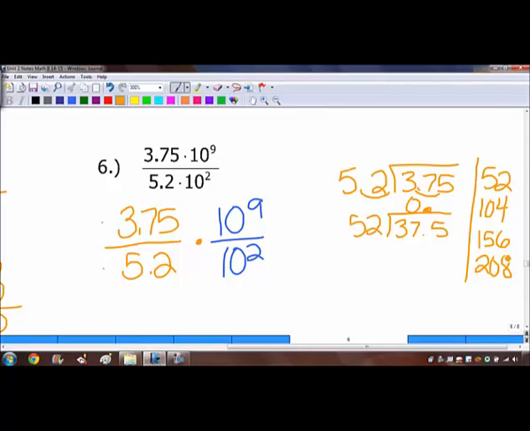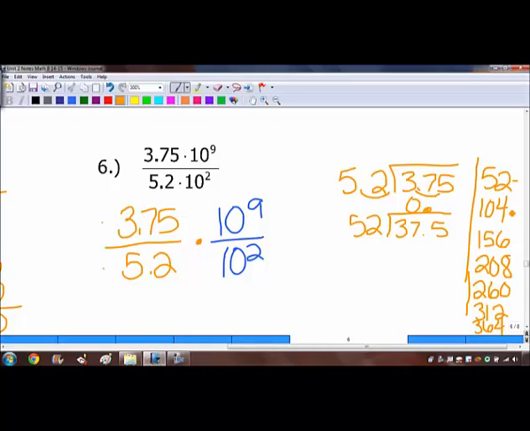I'm trying to get as close as I can to 375 without going over, okay? So I'm going to add another 52 to that. I end up getting 260. I'm getting closer. Add another 52, I get 312. Add another 52, I get 364. So that's the closest number to 375 I will get without going over.